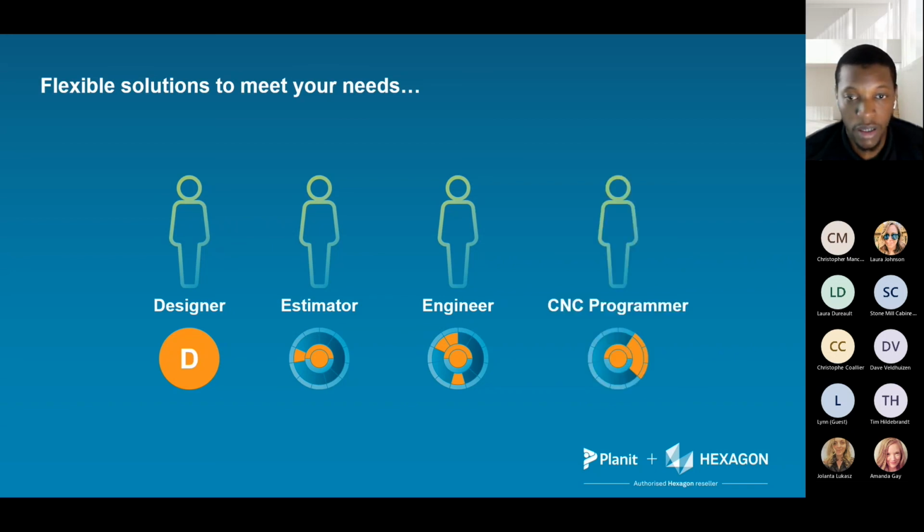And the CNC programmer usually will have his core cabinet license with his machining multiplier and all the different machines he needs to connect to Cabinetvision, so nesting, point-to-point, and so on. He will be the one that outputs his CNC files to the shop and then cuts them on the different machines he needs.